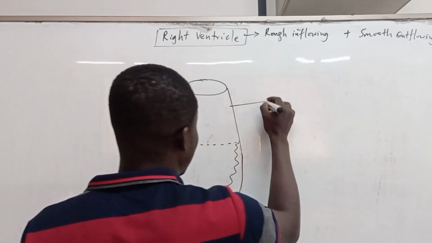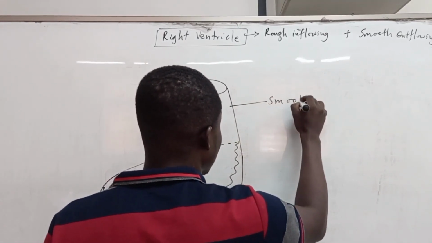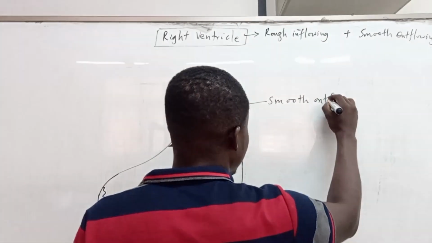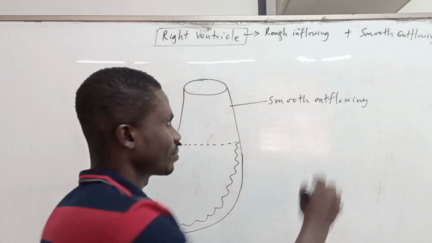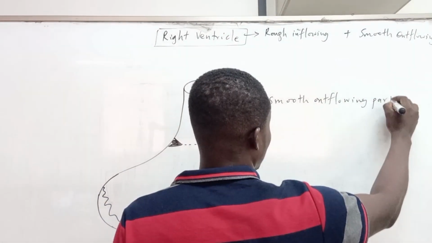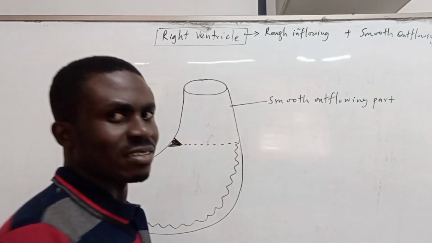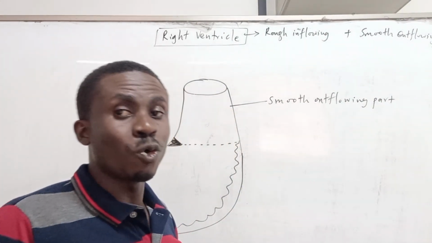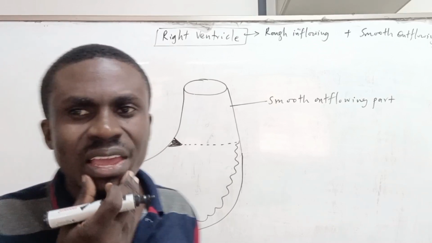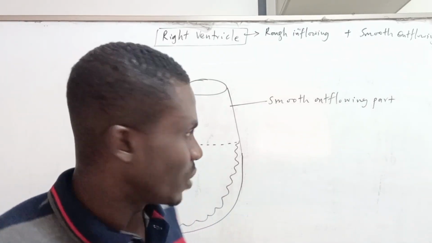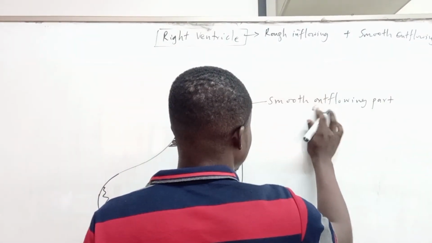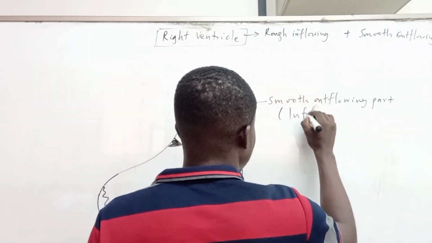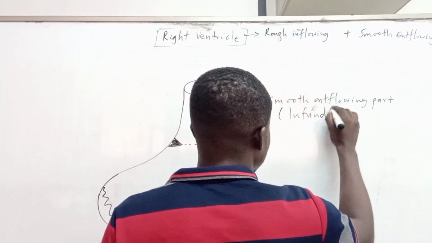So let me call this one the smooth outflowing part of the heart. As I said, we also call it the conus part. But in the case of the right ventricle, we call it the infundibulum, the infundibular part.